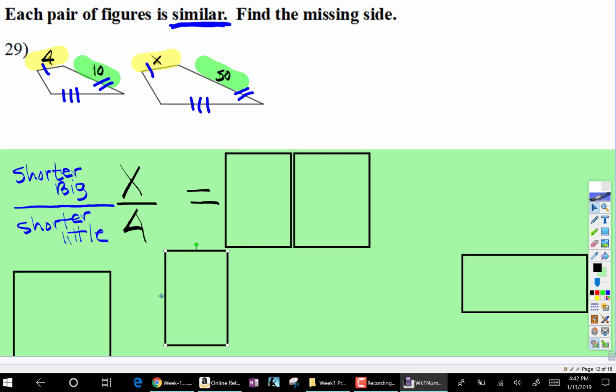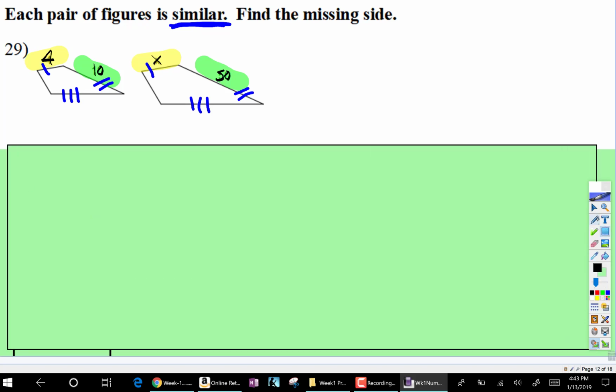Oh, so notice what I did. This might be a little bit confusing. I'm going to cover this up really quickly. You can set it up 2 ways. You can compare the same triangle, so 4 is to 10, the shorter side to the longer side, as x is to 50, and then cross multiply. Or you can compare the short side to the short side of the bigger triangle.